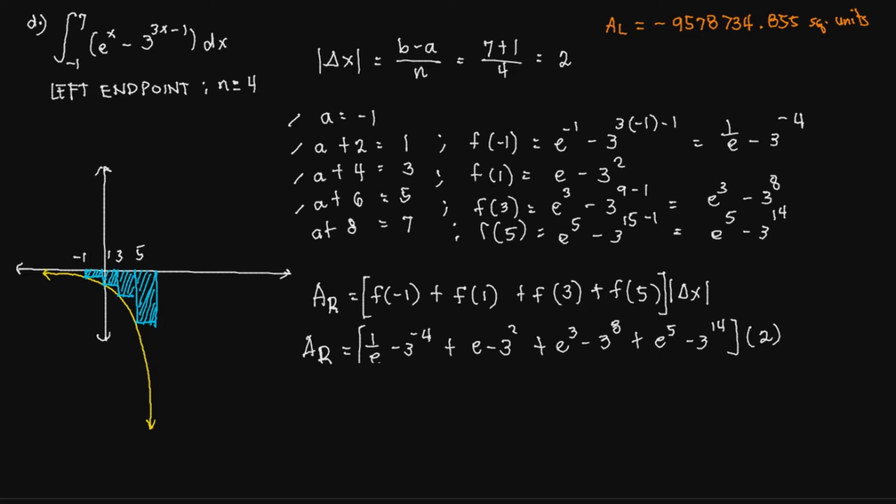Instead, we'll use 7 here, so we can erase this and use f of 7. Remove the first one, for f of negative 1. We need to find f of 7 first, which is e to the 7 minus 3 raised to 21, and then minus 1, so this becomes e raised to 7 minus 3 raised to 20.